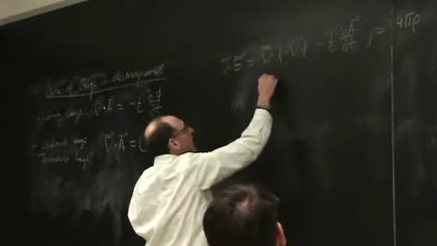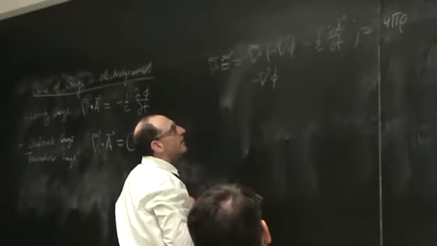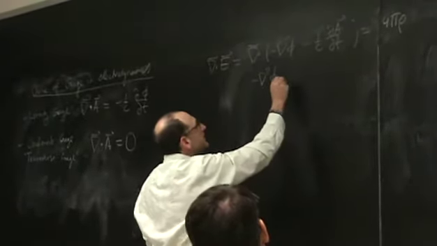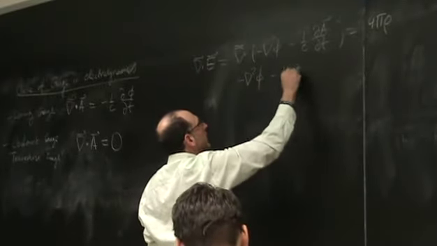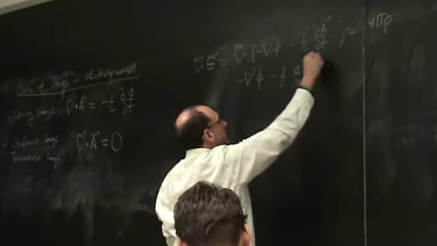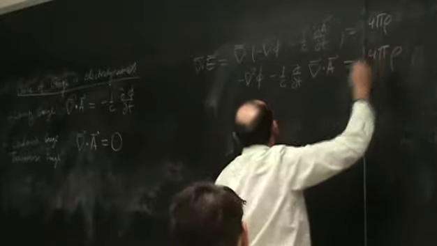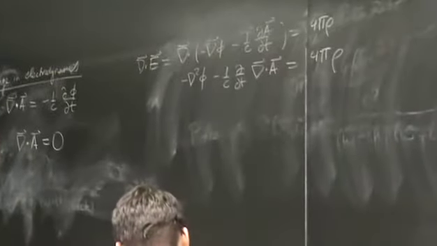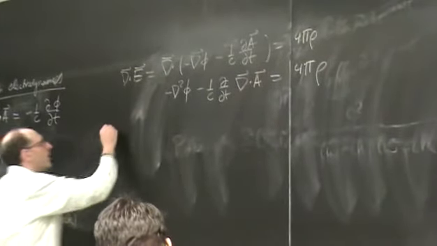Or minus the Laplacian of phi is equal to minus 1 over c d/dt of the divergence of A, plus 4 pi rho. Okay?